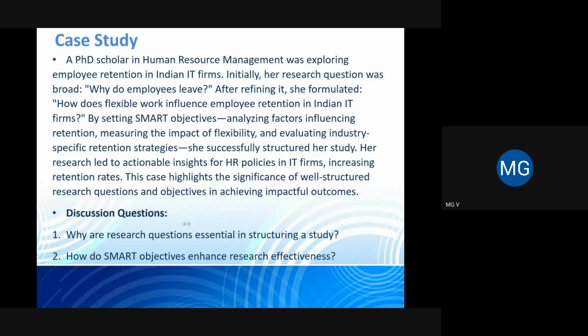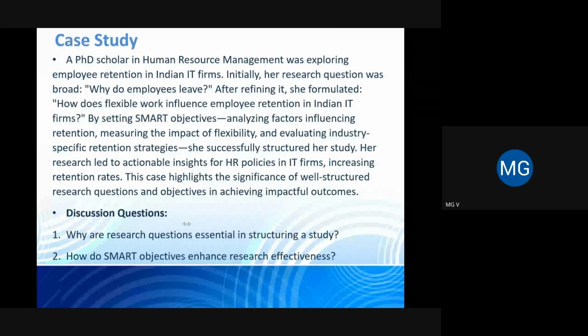By setting SMART objectives, analyzing factors influencing retention, measuring the impact of flexibility, and evaluating industry-specific retention strategies, she successfully structured her study. Her research led to actionable insights for HR policies in IT firms, increasing retention rates. This case highlights the significance of well-structured research questions and objectives in achieving impactful outcomes. I hope the case is clear.